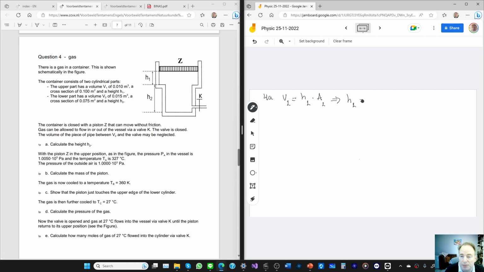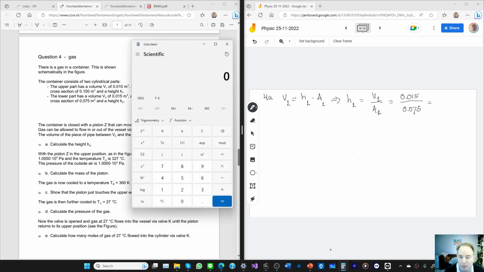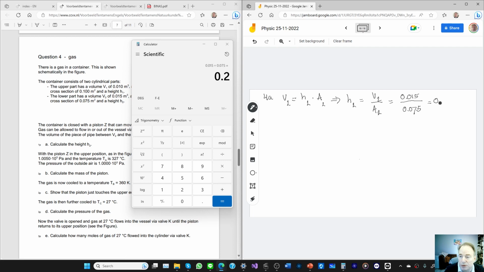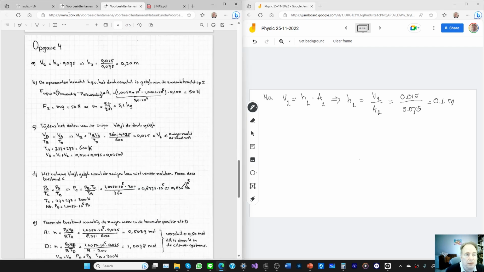So the height 2 will simply be the volume 2 divided by the area 2, which is 0.015 meter cubed divided by 0.075 meter squared. So this is 0.2 meter. That's correct.